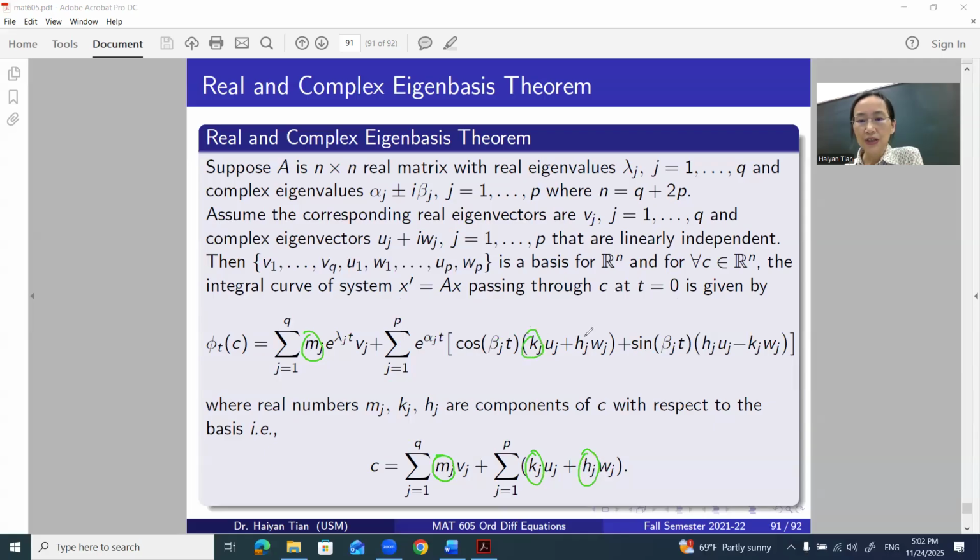Once the coefficients Mj, Hj, Kj are found, they are put into the integral curve, into the solution formula. Then we can represent the solution uniquely for the initial value problem.